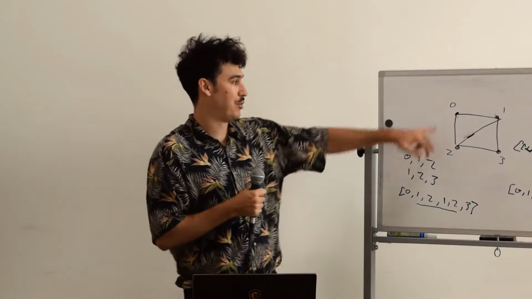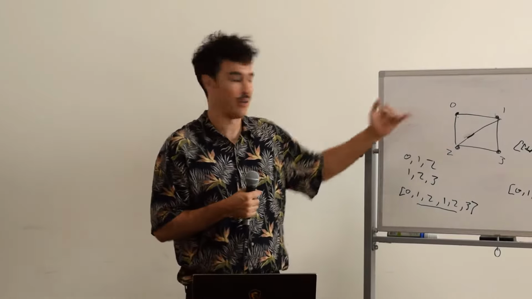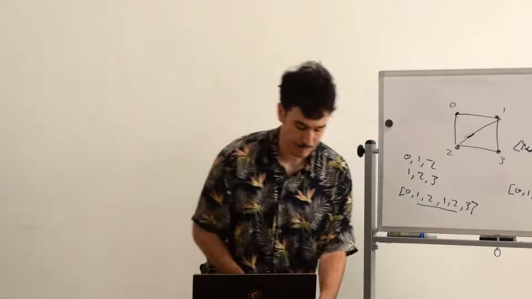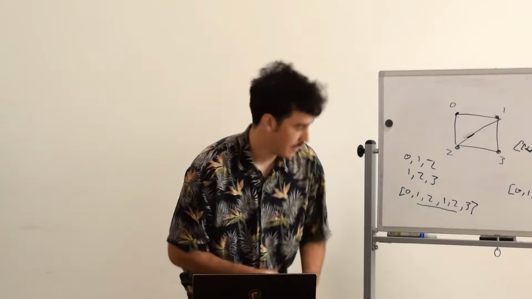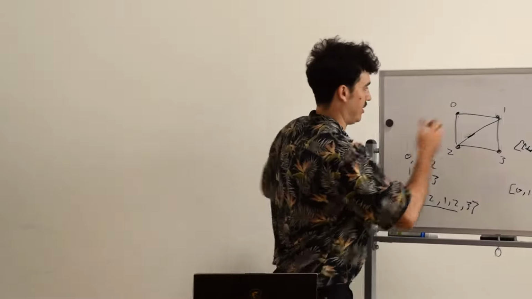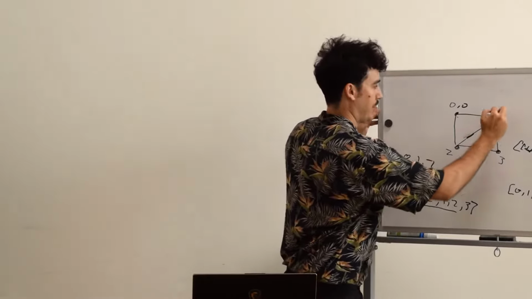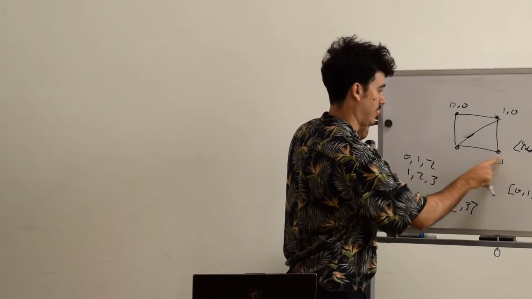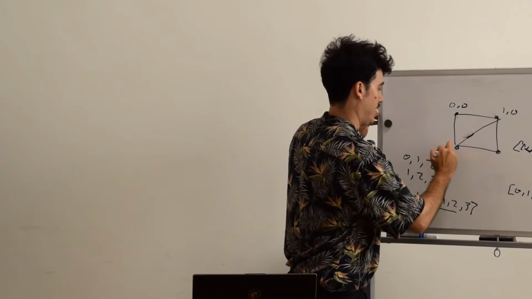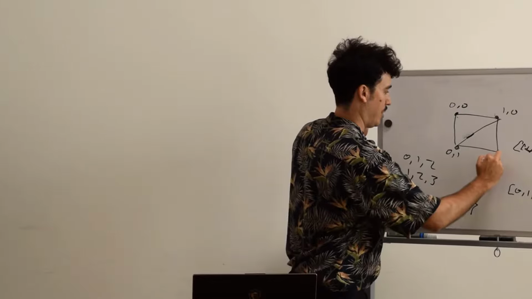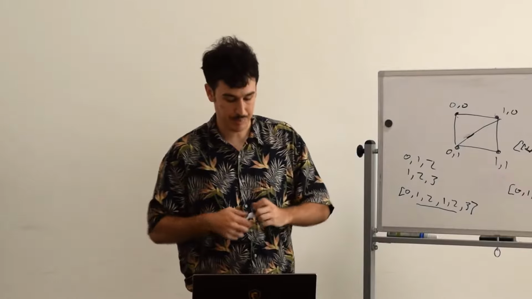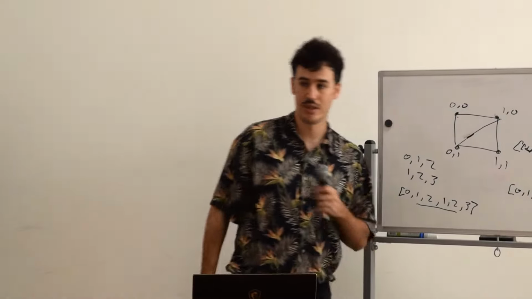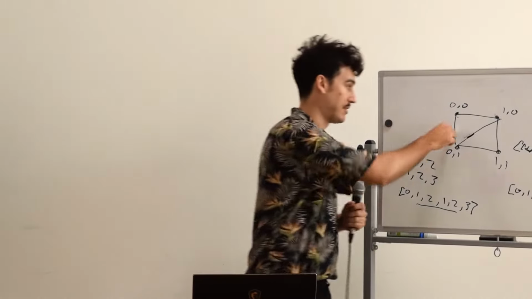If we go back to my little simple quad here, we could say that this vertex is at position 0, 0, this vertex is at 1, 0, this one is 0, 1, and this is 1, 1, right? So all of these are two-dimensional coordinates in the local space.